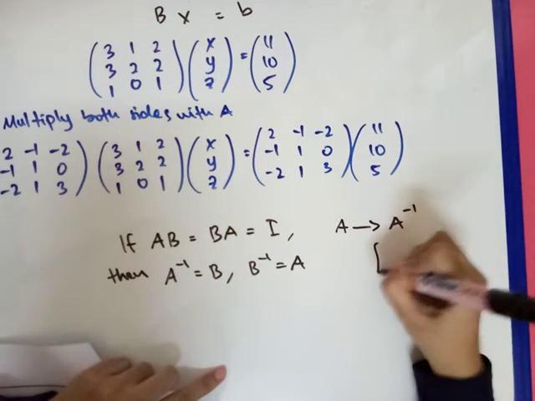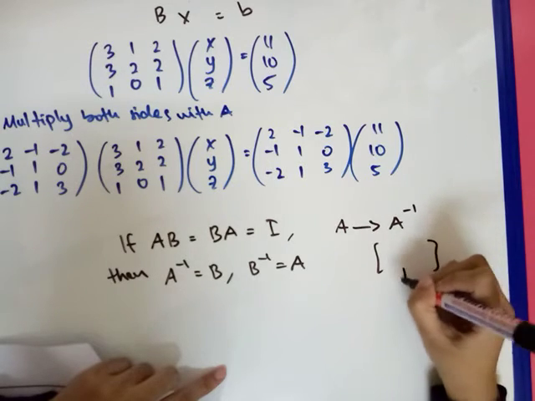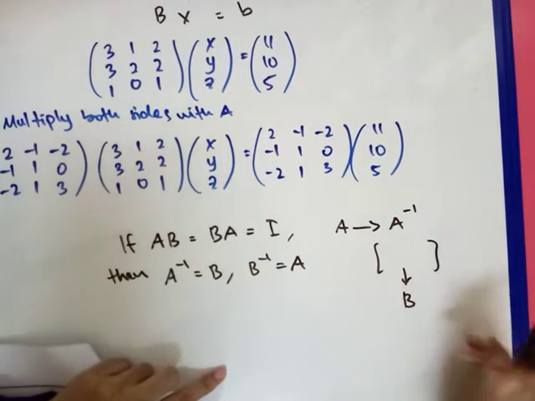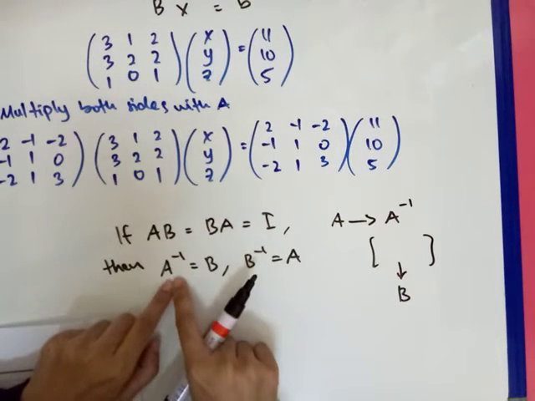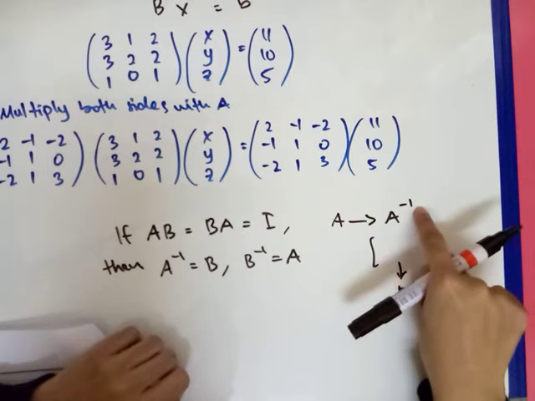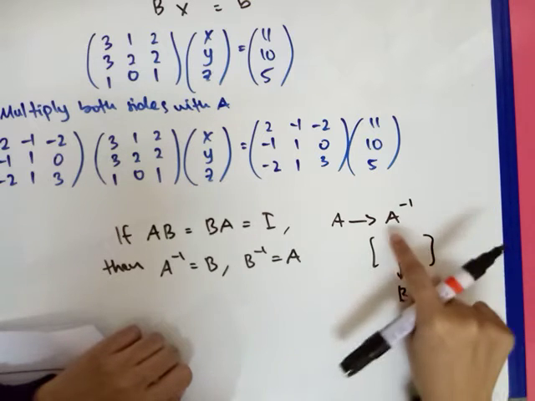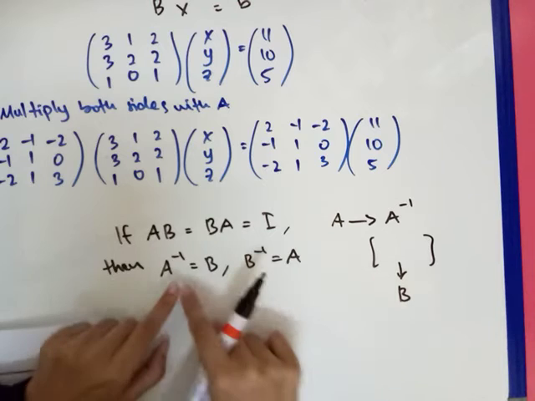So, bila kita dah cari inverse of matrix A, we can get the matrix. So, this result is matrix B. That is why inverse of A is equal to matrix B. From matrix A, kita cari A inverse, we got the matrix, then this result is matrix B. Same goes like this one.